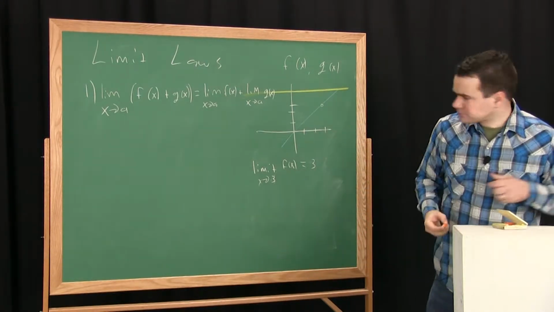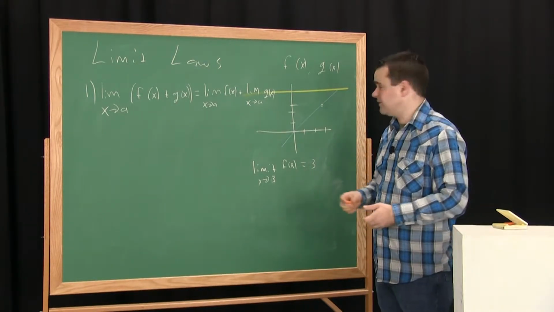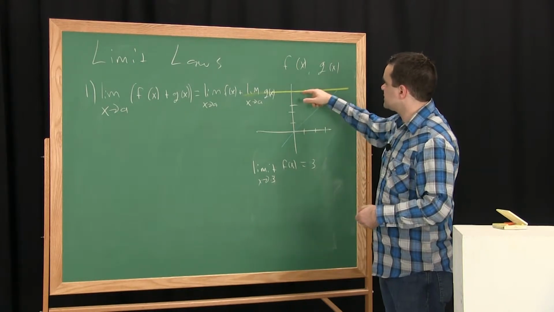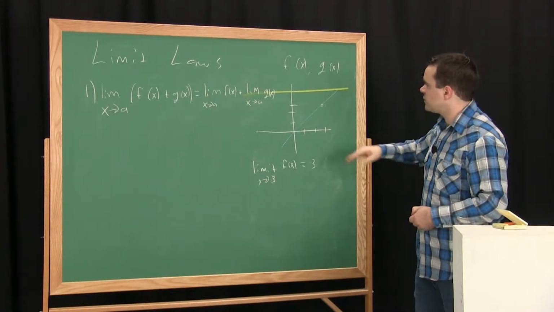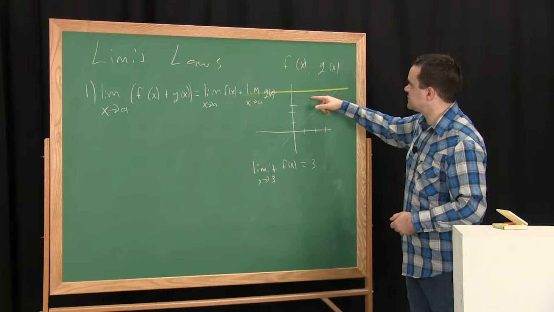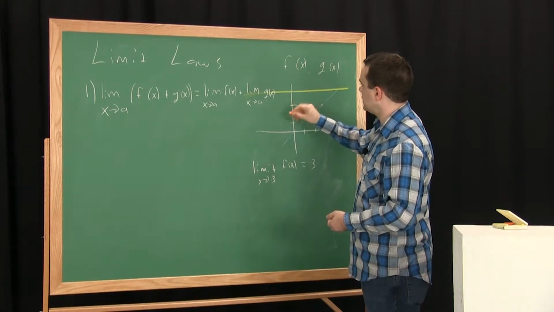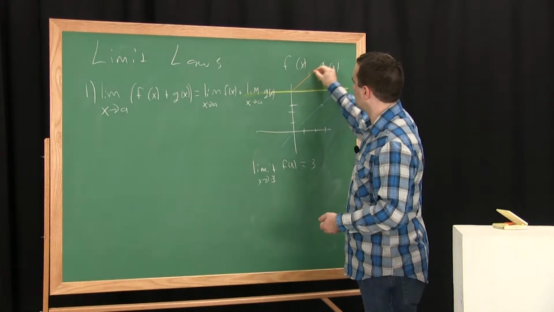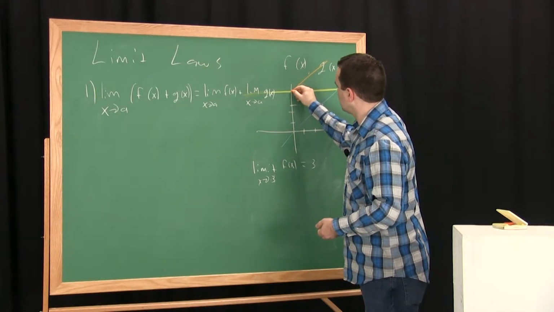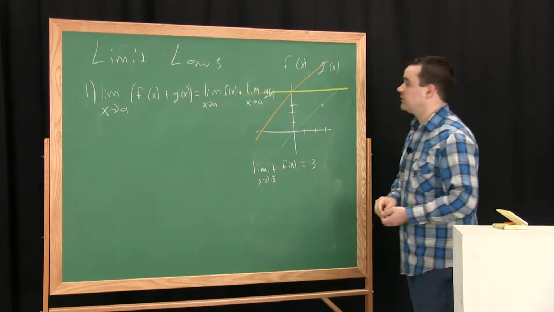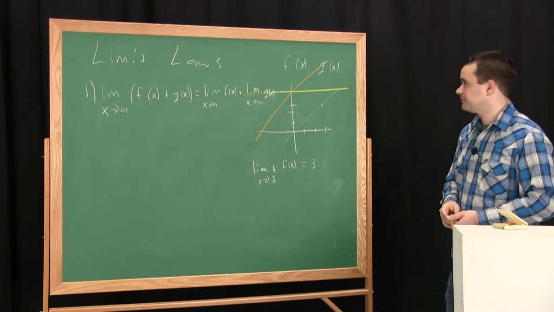And so here I can even draw what the sum is for you. Since this is just a constant function, g equals 4, the sum is just going to translate this straight line up 4 units. So if I walk upwards 1, 2, 3, 4, there I go. There's f of x plus g of x.